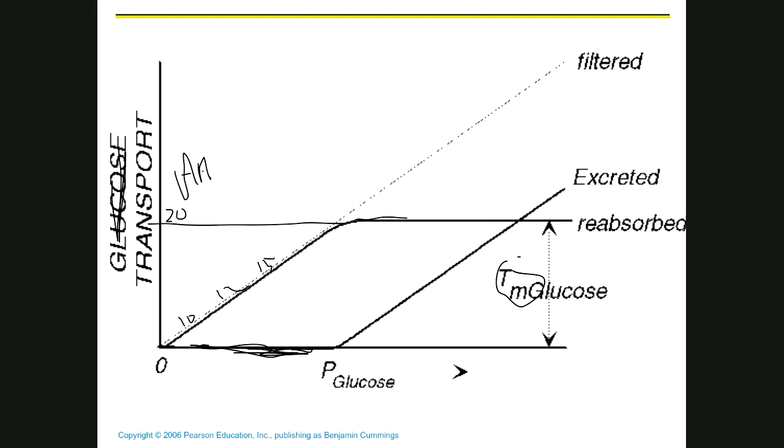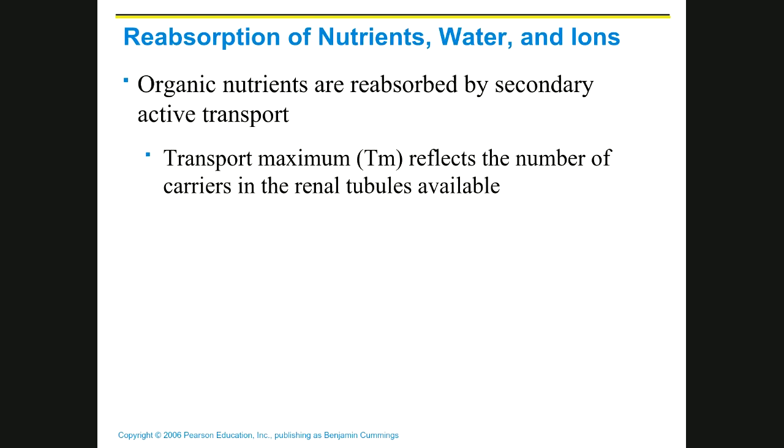But the second I go above 20, every single one is going to wind up in the urine. Does it make sense? Any questions?